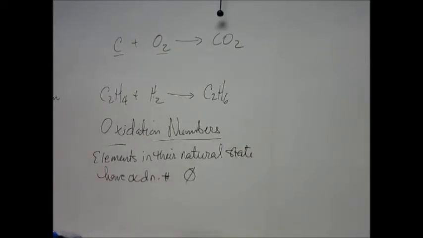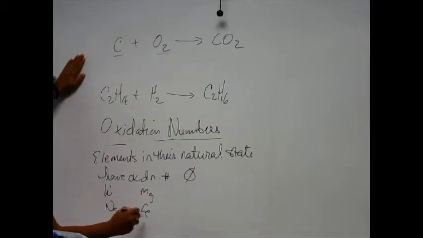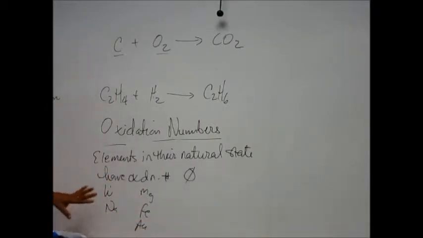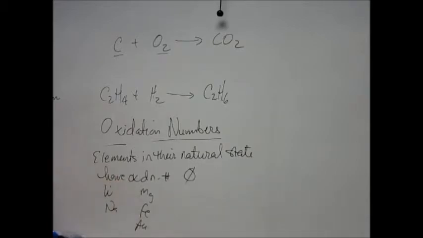So elements in their natural state means that they're not combined with anything, okay? So any kind of an element like a metal, for example, if you have lithium, sodium, magnesium, iron, gold, all by itself, existing by itself, not combined with anything, the oxidation number is 0. That's the one rule.